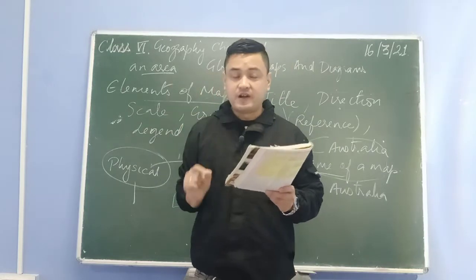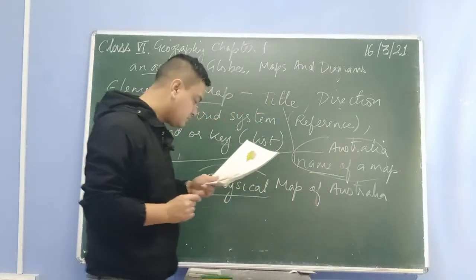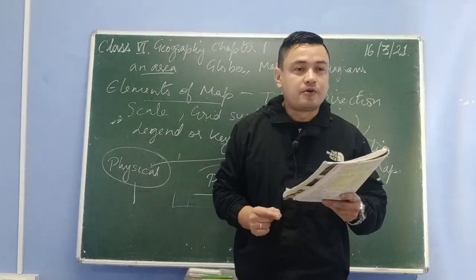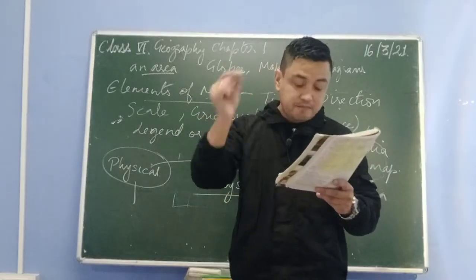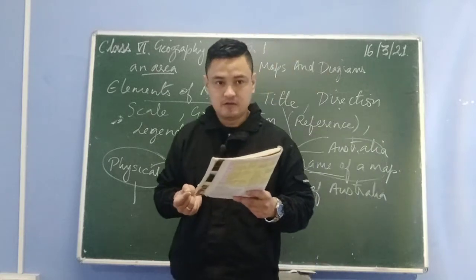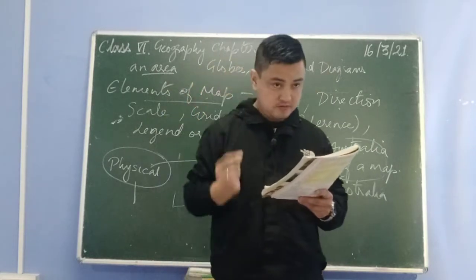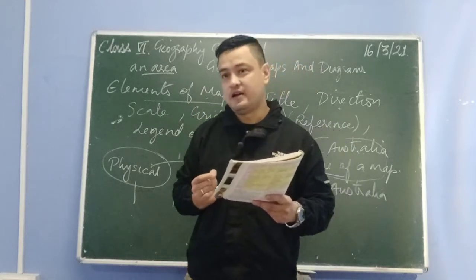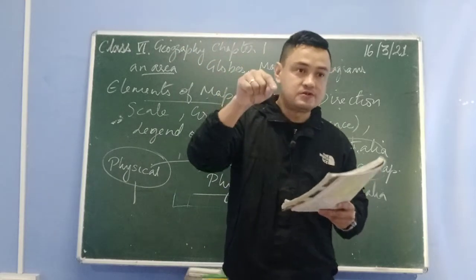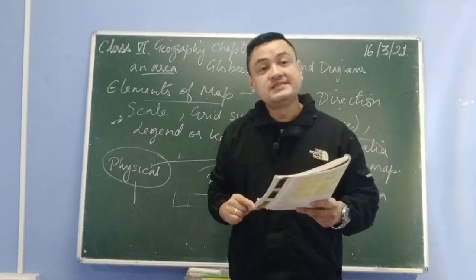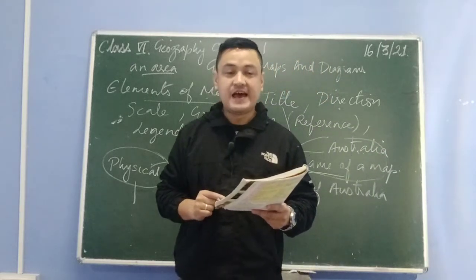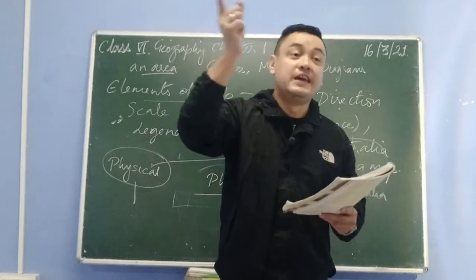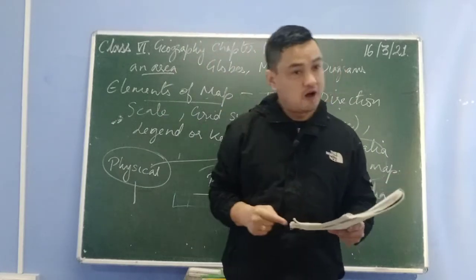Are you understanding? Then relief map. Underline that, relief. Relief means, write it down, I will just give the meaning: a map which shows hills and shading. S-H-A-D-I-N-G. A map which shows hills and shading. Now, shading.